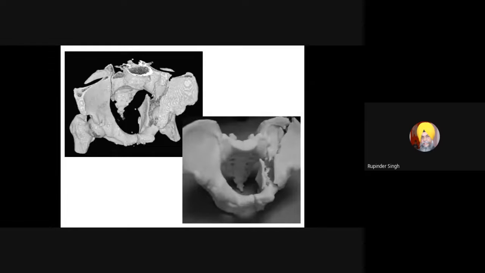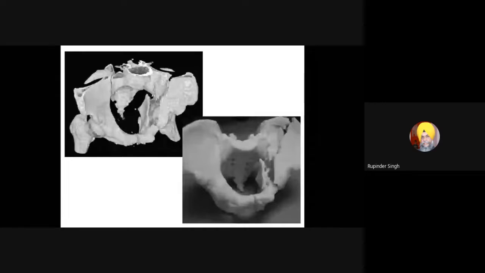They have created a bone model, which is on the left side, so then they can do planning. This was actually used on the patient, and they found a better result, because the pelvic bones have very complex anatomy, and if you know what to do during surgery, the procedure will be faster and also more accurate.